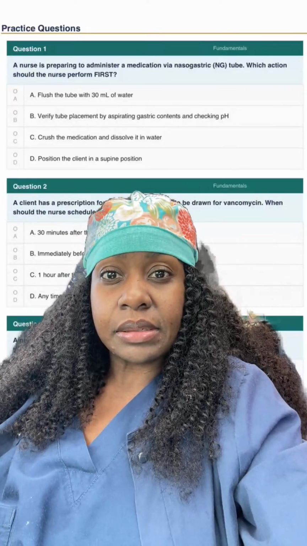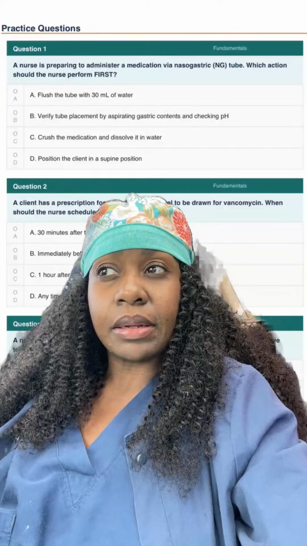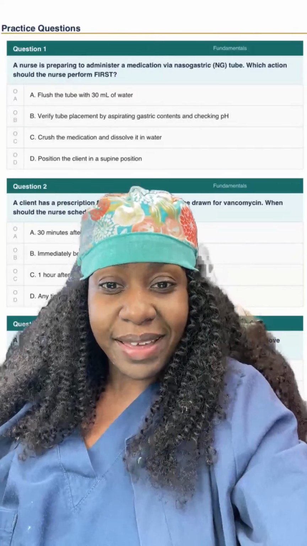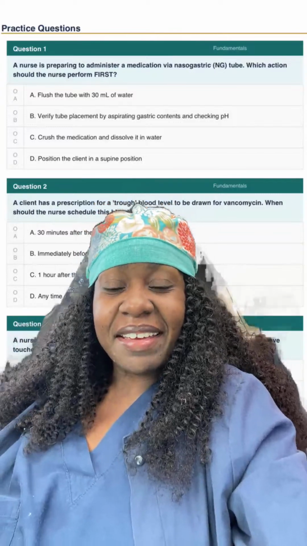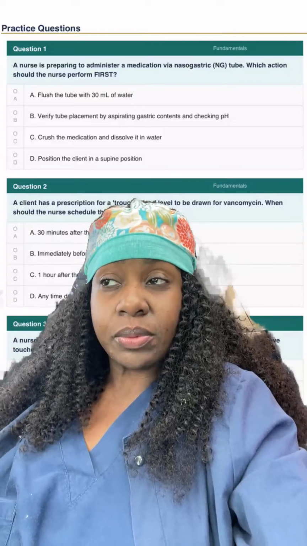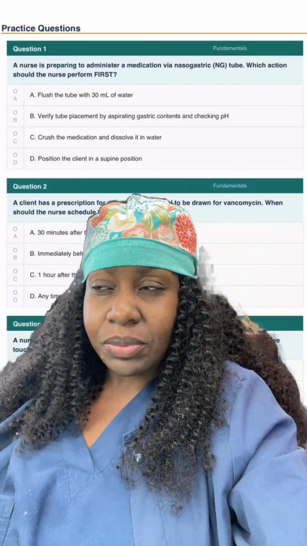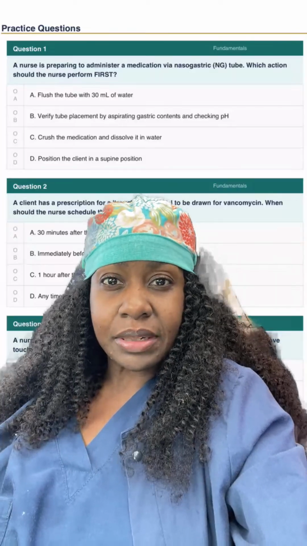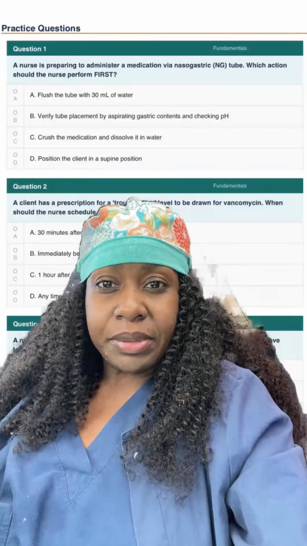But in this case, the NG tube is already in, and we're trying to figure out what the priority is. We're not going to flush it with 30 mLs of water. Of course not. That would be a no.